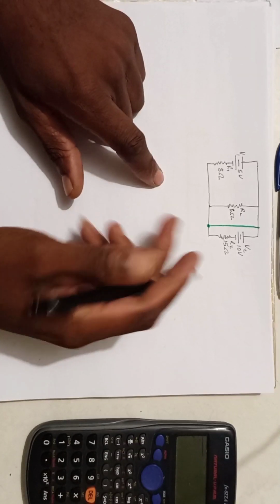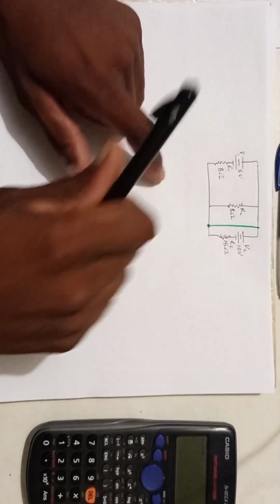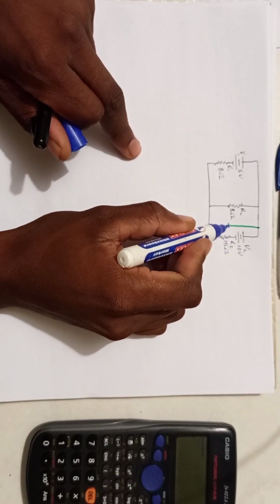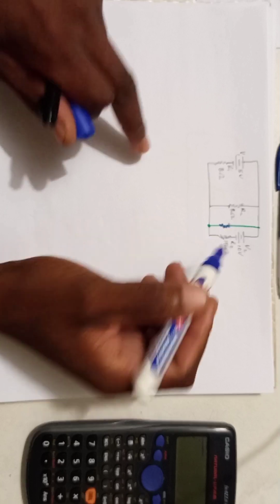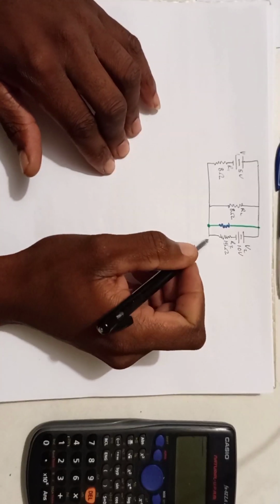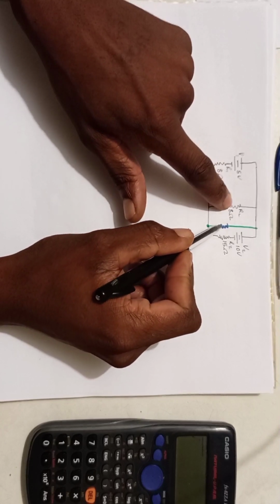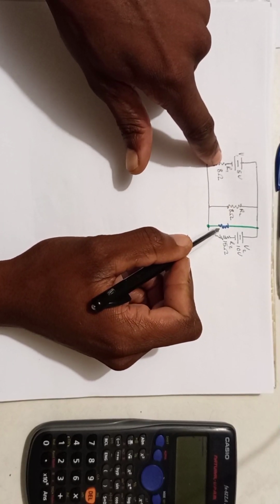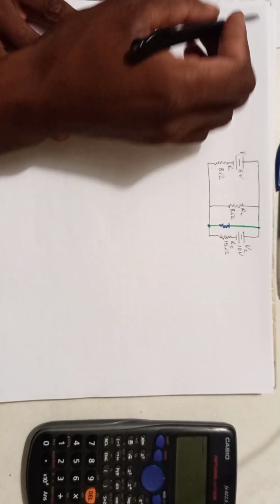So when the cell is not here, we have this resistor, we have this resistor here. So let us calculate the total resistance across this parallel circuit, then add it to this resistor, which is now in series with that one.